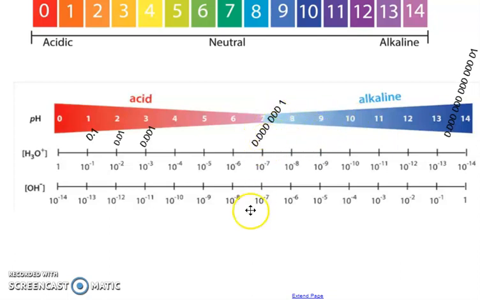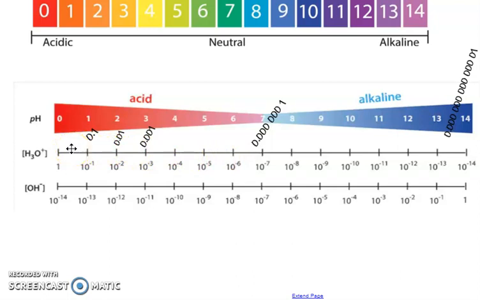And here they would both be 10 to the negative 7, so you'd have equal amounts. You would have hydroxide ions, hydronium ions, and water molecules all over the place, mostly water molecules. Then the hydroxide ions become very, very little, and the hydronium ions are a great amount in there.